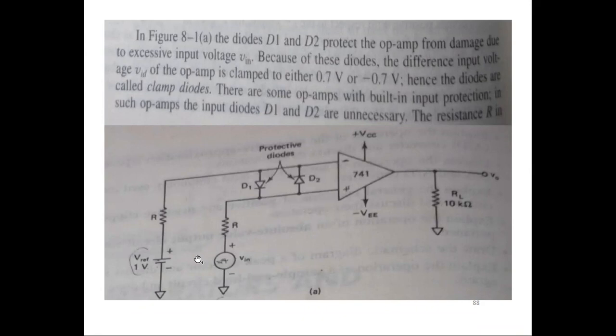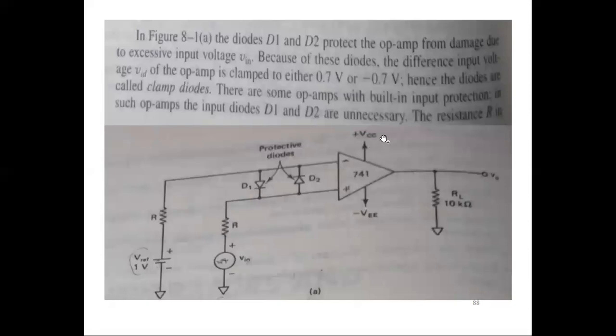Now what happens is, if V in is greater than the V reference voltage, that is positive is greater than negative, that just means the output will be high. Output will be the saturated high value, a little less than plus VCC.